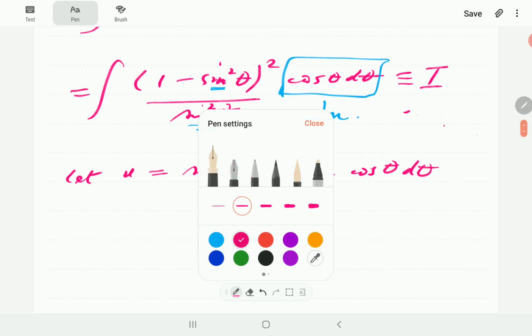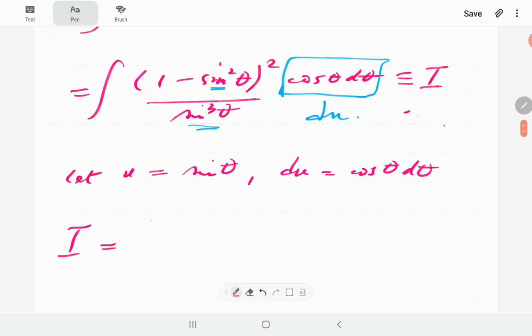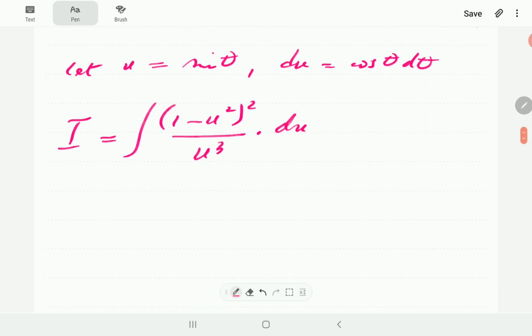So in terms of u, our integral is now 1 minus u squared, all divided by u cubed times du. So what we need to do is to expand the brackets in the numerator. Again, that's going to give us 1 minus 2u squared plus u to the power 4, all divided by u cubed.